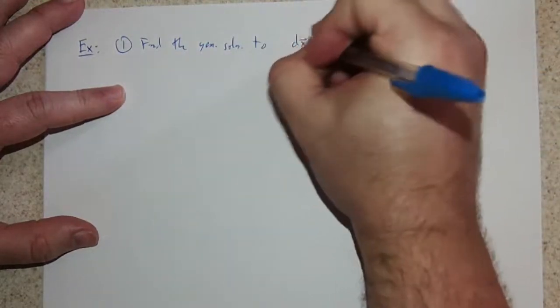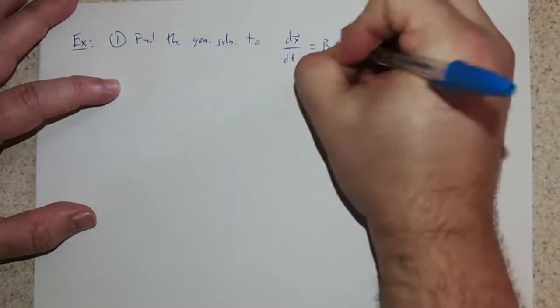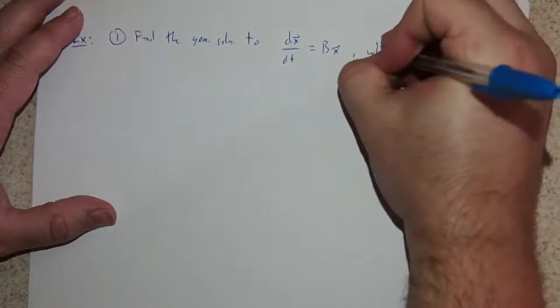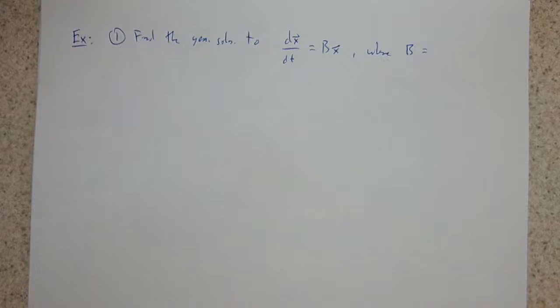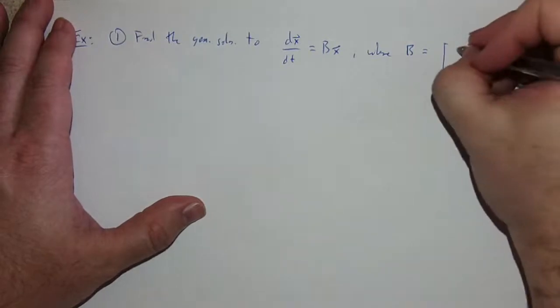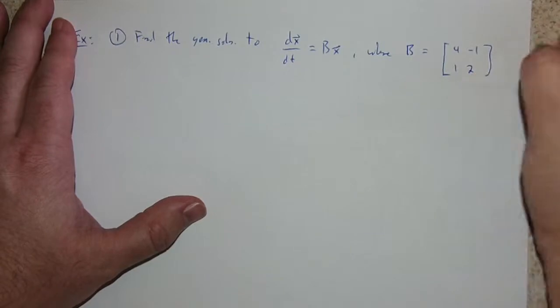Two, dx dt is equal to Bx, where B is our favorite matrix that has a double eigenvalue: 4, minus 1, 1, 2, reading row-wise.